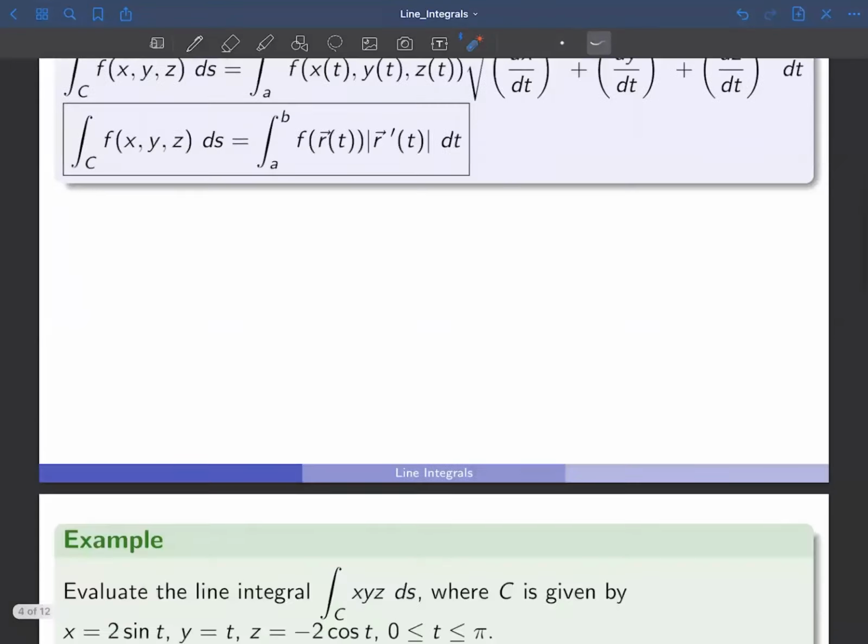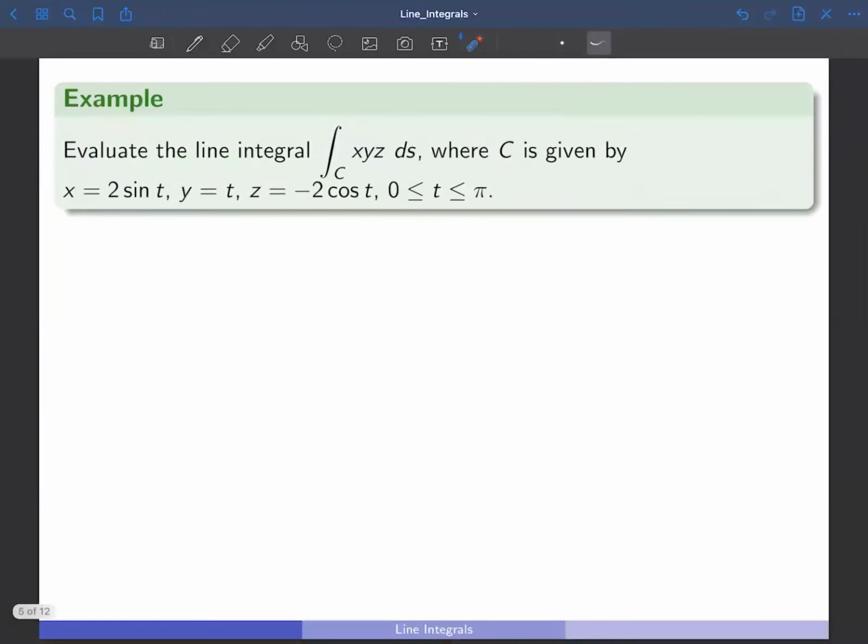Let us see an example about that. We're asked to evaluate the line integral along the curve C of x times y times z times ds, where the curve C is given by the parametric equations x equals 2 sine t, y equals t, and z equals negative 2 cosine t, where 0 is less than or equal to t, less than or equal to pi.